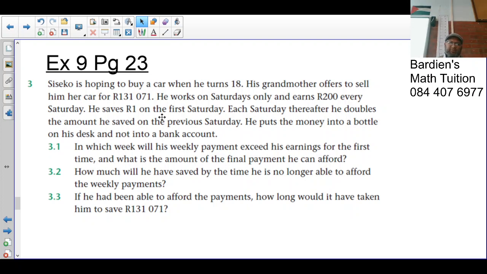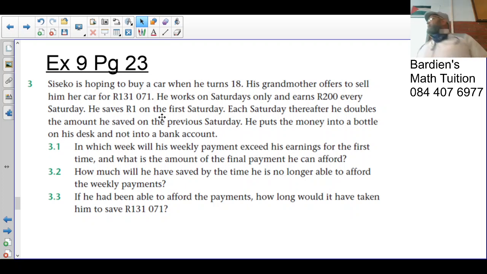So from there already we can form a sequence, or a series in this case. He puts the money into a bottle on his desk and not into a bank account, which means he's not going to get any interest or charges on the money.